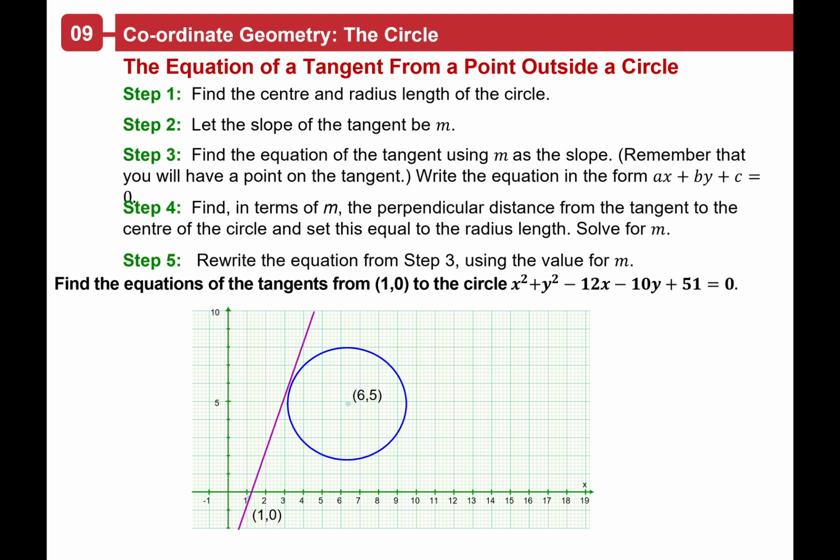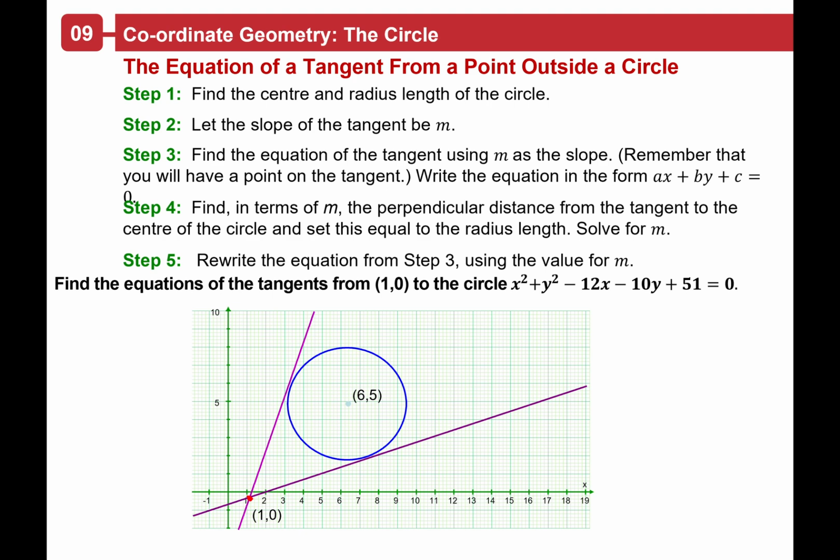So here's my center. I want this equation of the line, and I want this equation of the line. So we can see here that we will have two equations of the line. That means we'll have two different slope values that contain the same point of 1, 0 and are tangent to your circle.